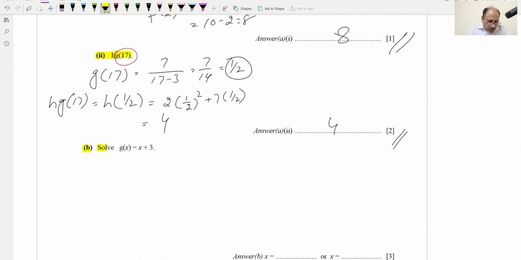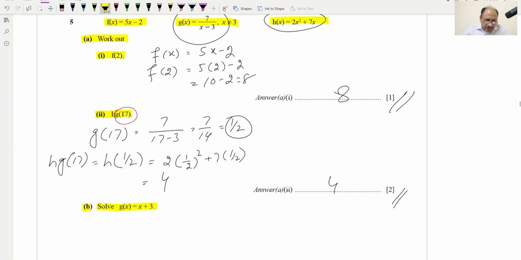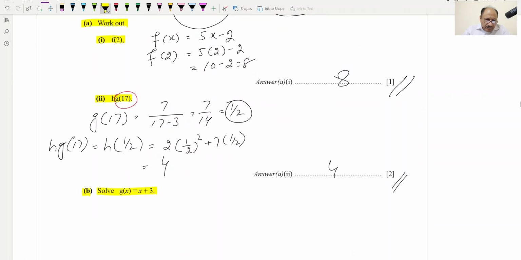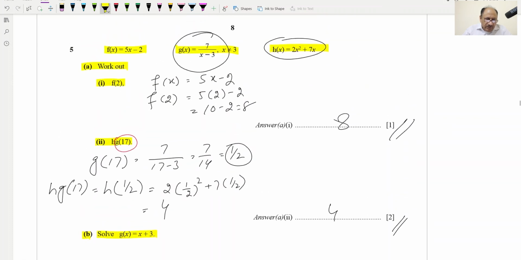Then B part, solve g of x is equal to x plus 3. So g of x is equal to x plus 3. G of x is given, which is 7 over x minus 3.